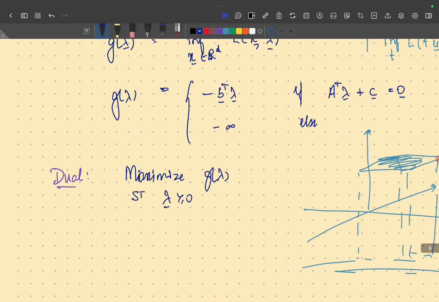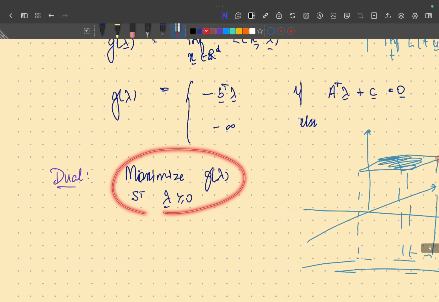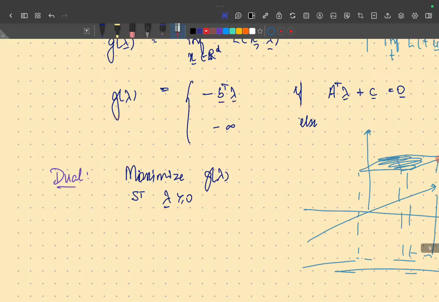But in this case, what does it reduce to? Is it even necessary to take this particular constraint? No, right? Because the maximum value would obviously be attained somewhere over here, because it takes finite values in that region, and if A transpose lambda plus c is not equal to 0, then it takes the value minus infinity. So it's enough to just look at this particular set to maximize this.